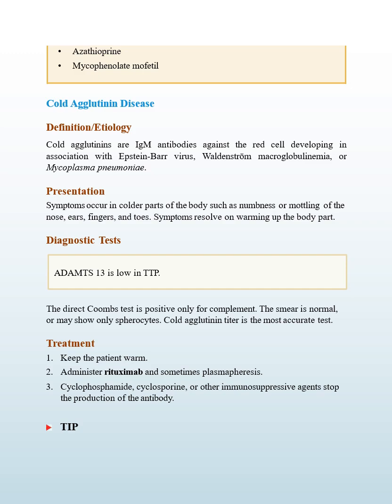The presentation is symptoms occurring in the colder parts of the body, such as numbness or melting of the nose, ears, fingers, and toes. Symptoms resolve by warming the body part.